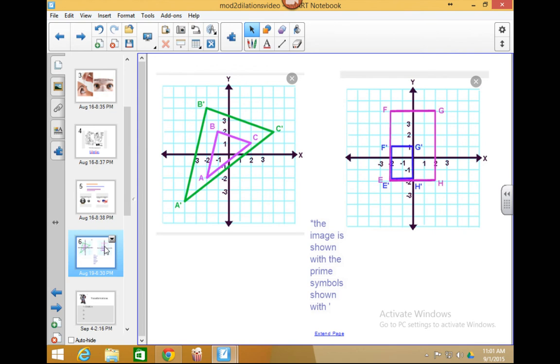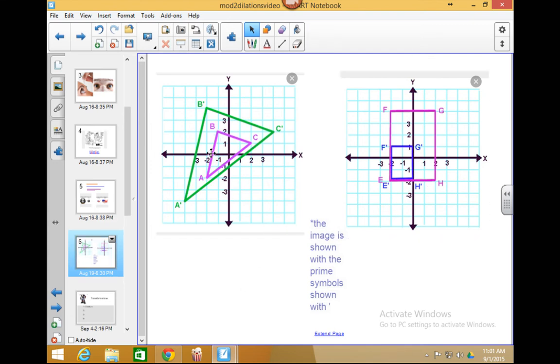We're going to be looking at dilations on a graph, and if you notice, they don't have the words enlargement or reduction, so it's your job to figure out if the figure got bigger or smaller. I have a little note here that says the image is shown with the prime symbol, shown with a line. I always think of those lines, called prime symbols, as an eye to represent the image.